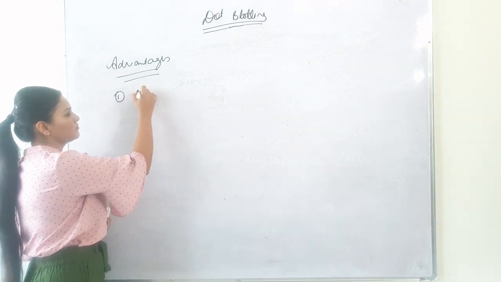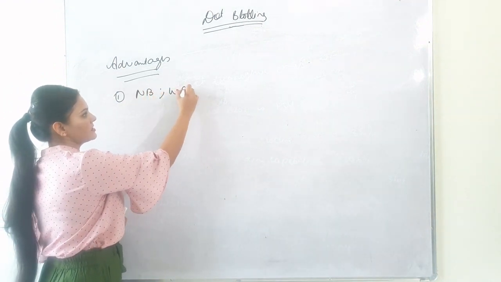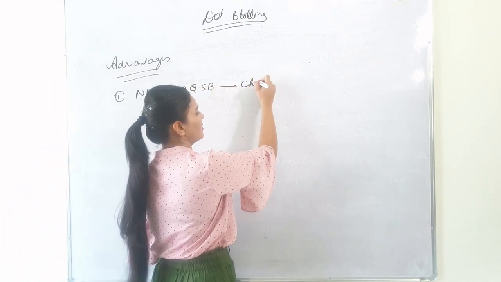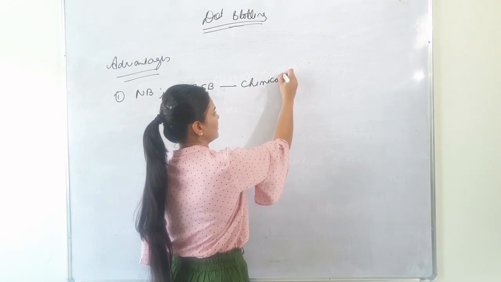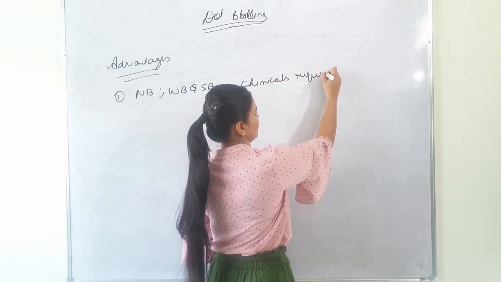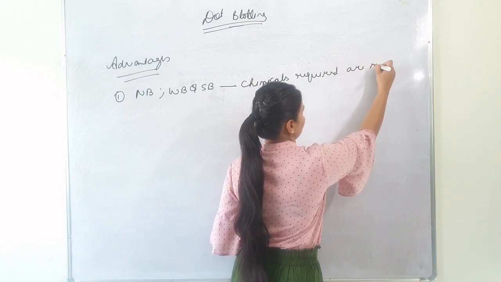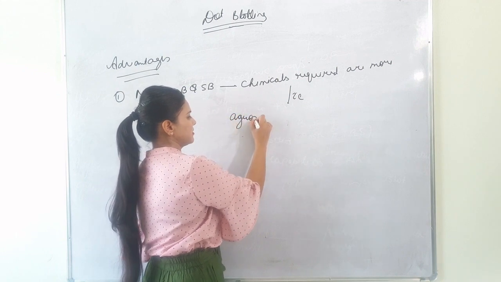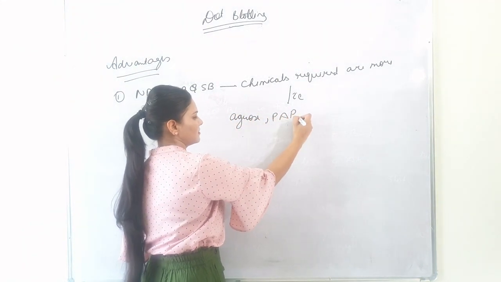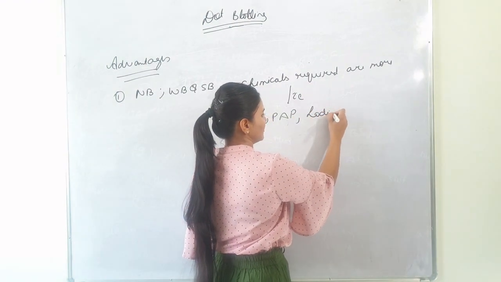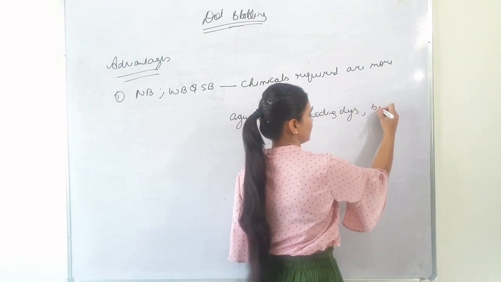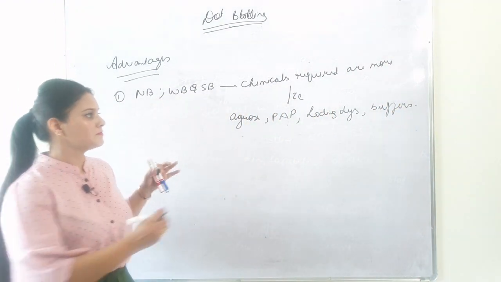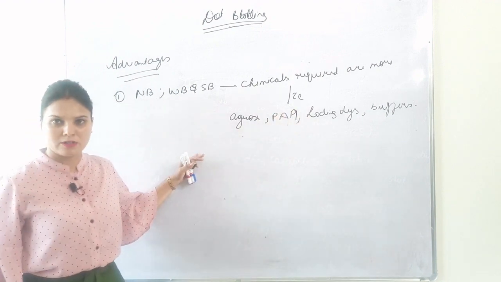That is, in northern blotting, western blotting and southern blotting, the chemicals required are more: agarose gel, PAA gel, loading dyes, buffers. All these are not required in dot blot.